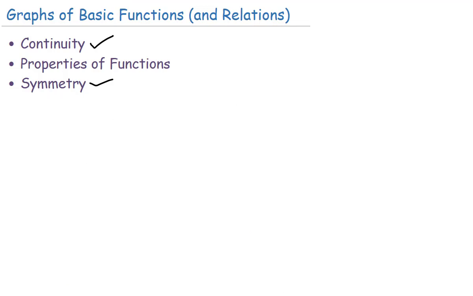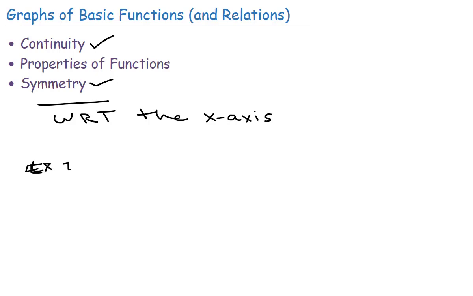Now there's actually also symmetry with respect to the x-axis. That one isn't considered even or odd as far as functions go, but this symmetry does exist, and an example of that is something like x equals y squared.